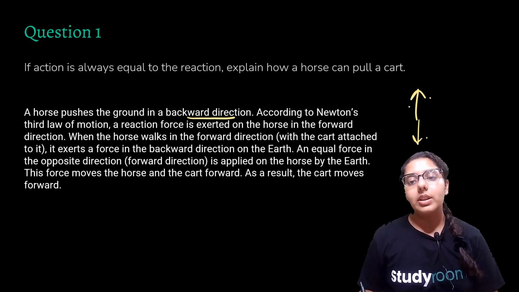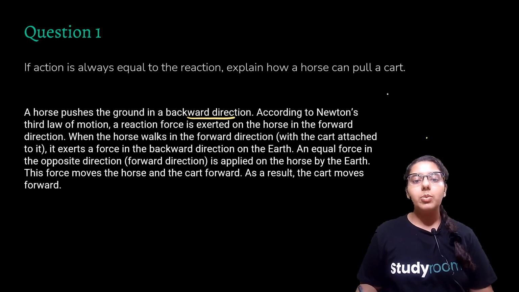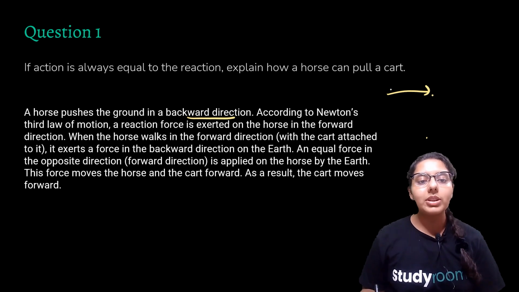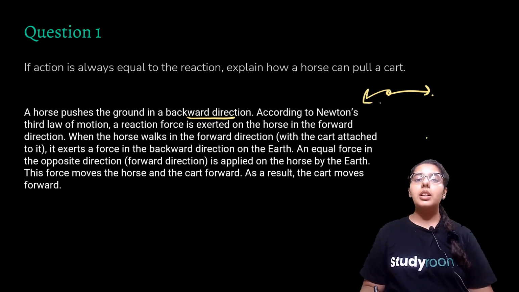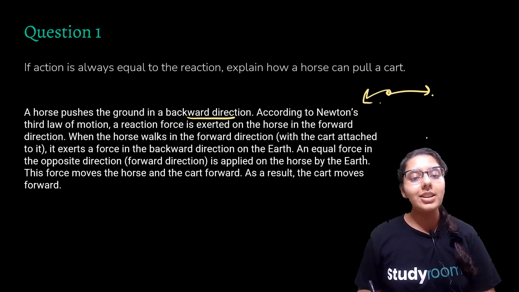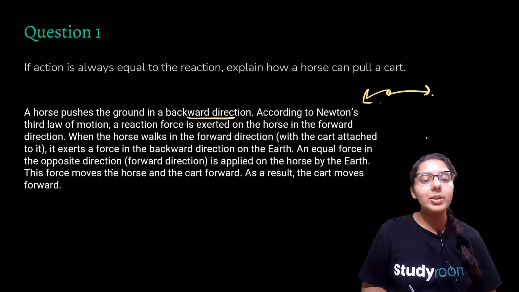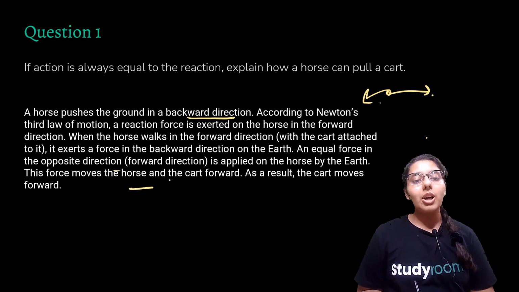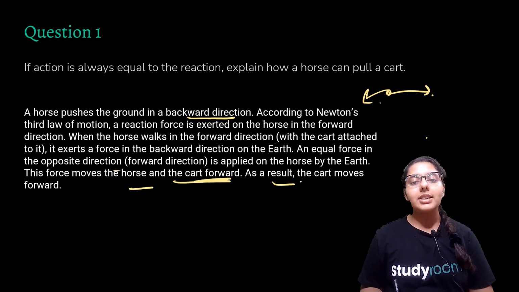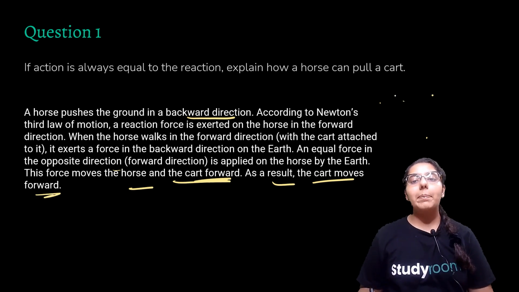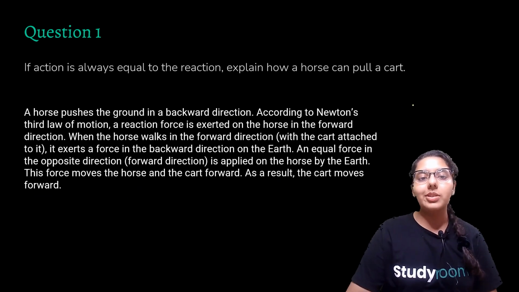So an equal force in the opposite direction is applied on the horse by the earth. This force moves the horse and the cart forward. As a result, the cart moves forward. So simply we are applying Newton's third law of motion.